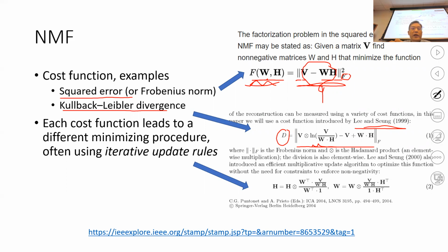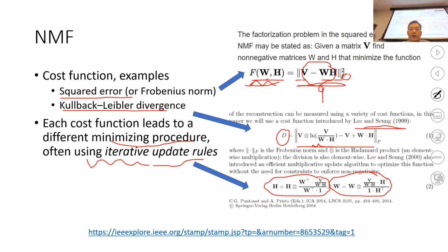So it depends on your selection which cost function you will use. The minimization procedure is a little bit different, but they are all based on iterative update rules. These rules are defined here. So what's this rule here?